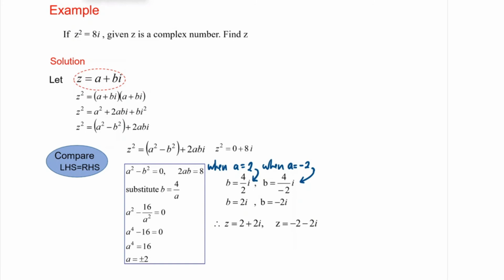Example, if z squared equal to 8i, given z is a complex number, find z. For this question, the important information is z is a complex number. So, we must let z equal to a + bi.